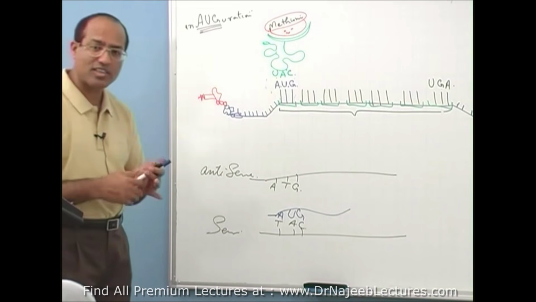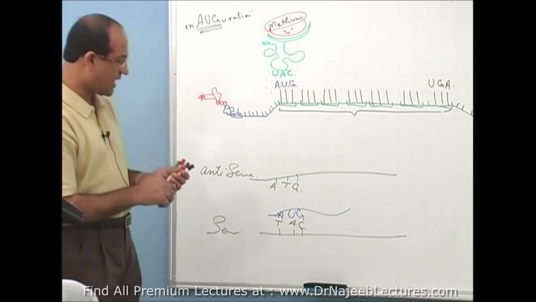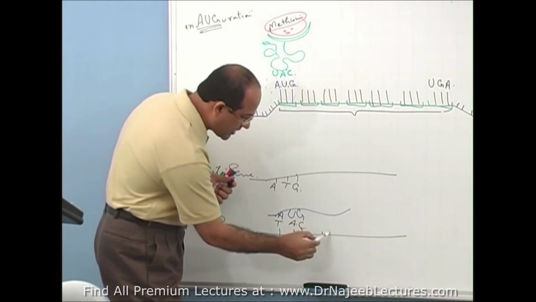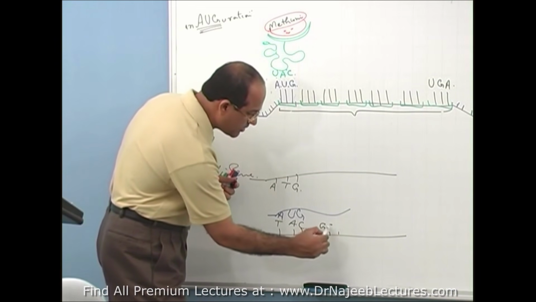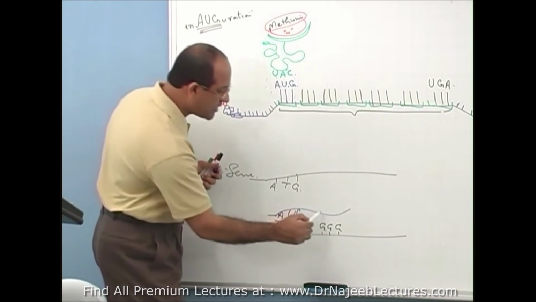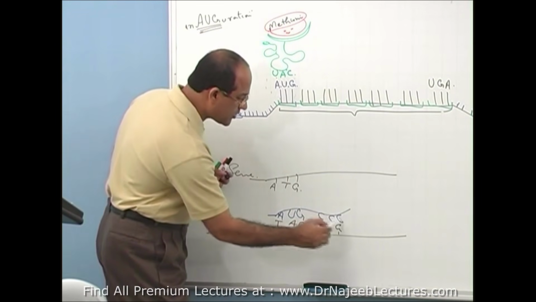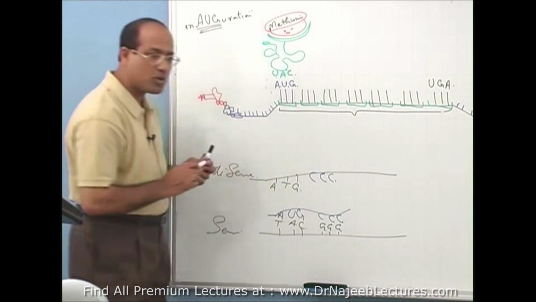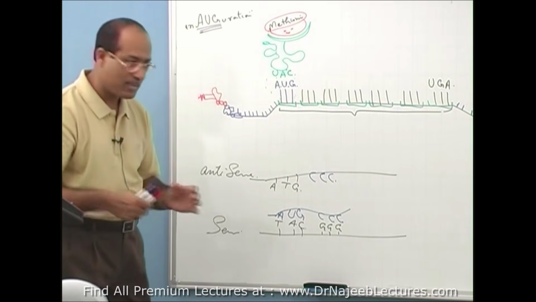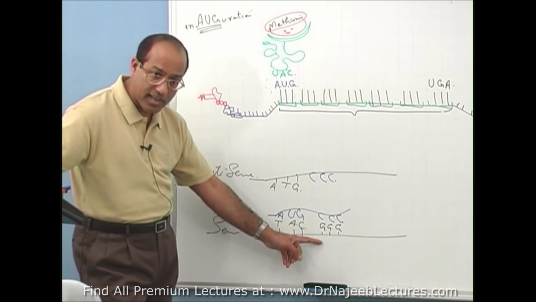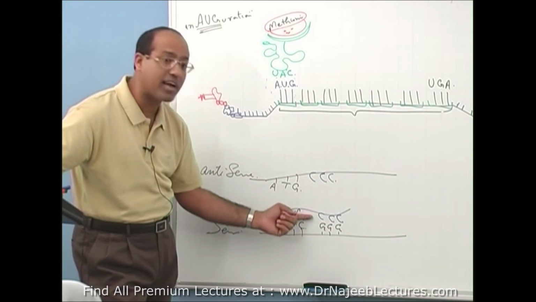Here you see a very interesting thing. Another thing I can show: in the DNA, if here it is G, G, G, what should be present in RNA? C, C, C. And what was on this strand? C, C, C. What you really see is that one strand of the DNA acts as a template and complementary strand of RNA is made.